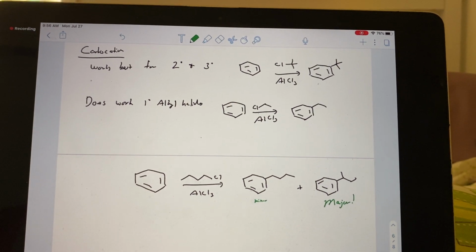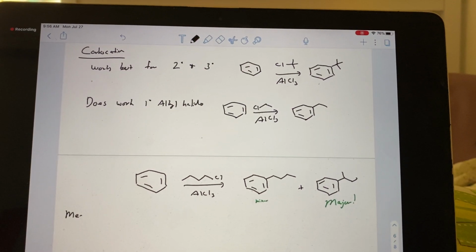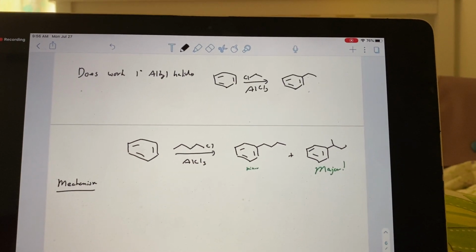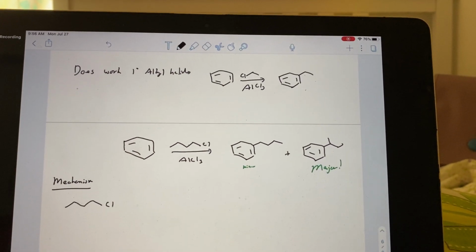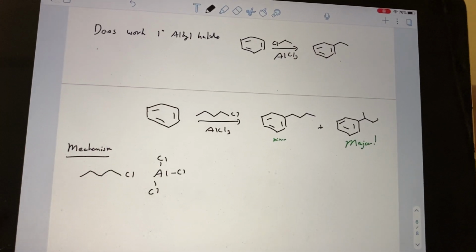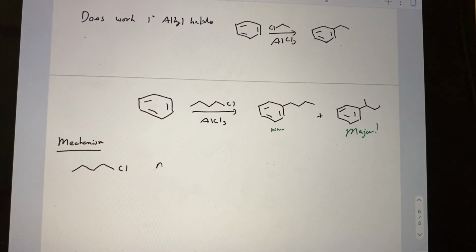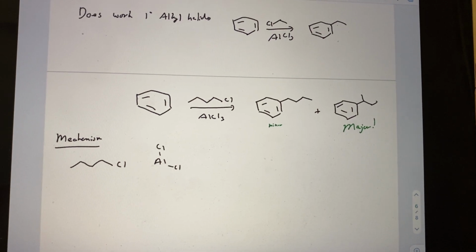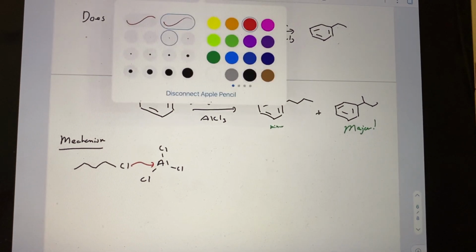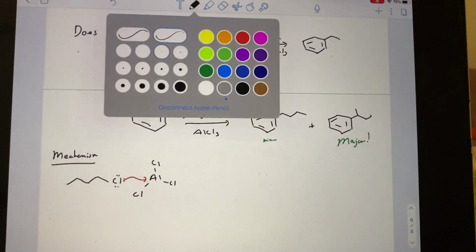So we want to think about what's a possible mechanism. And we'll make a simplification compared to what we just saw earlier. Let's take our alkyl chloride and aluminum trichloride. Same idea. Let's have a lone pair of electrons and a Lewis acid-base reaction, forming a Lewis acid-base complex.